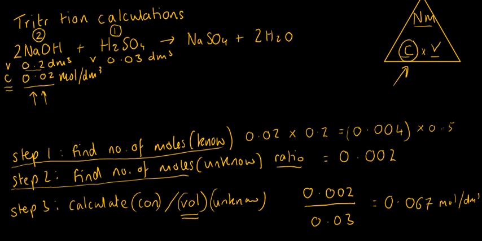So therefore, in this case, I will have 0.067 mole per dm cubed. Now, sometimes it might be the case that they want you to answer the question not in moles per dm cubed, but in grams per dm cubed.